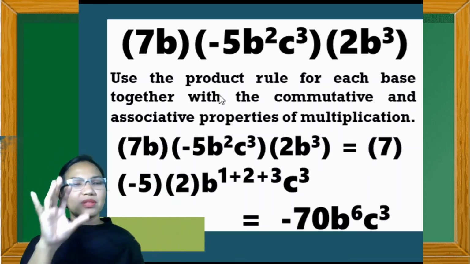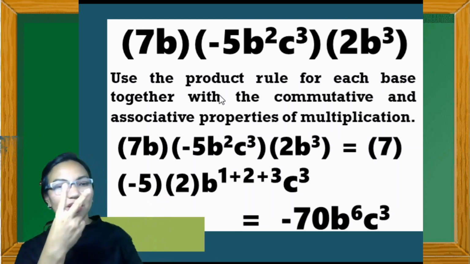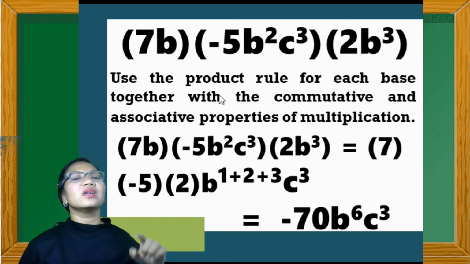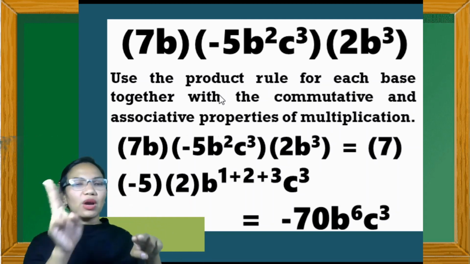So you have 7 times negative 5 times 2. You can see there, okay? And then b: exponent of 1 added to 2 added to 3.